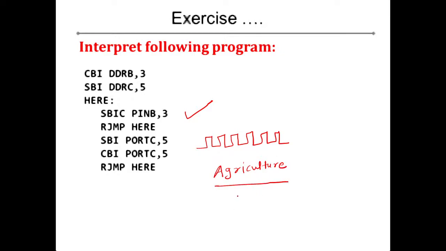If you have seen in an agriculture farm a chadia, the purpose of the chadia is to prevent the birds. If any bird is near to that, the siren will beep, and maybe that bird will fly away. So that kind of application. Similarly, a burglar alarm. If you want to design that type of application, this program is very much useful.